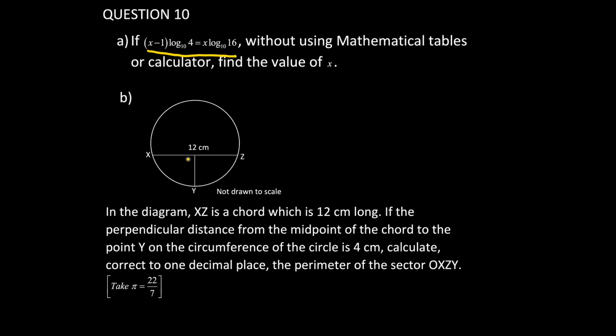So this will be O, and our sector will be from the center of the circle. So let's take the whole drawing again. So this will be our circle. This is our chord, which is 12 centimeters. And this side is 4 centimeters.